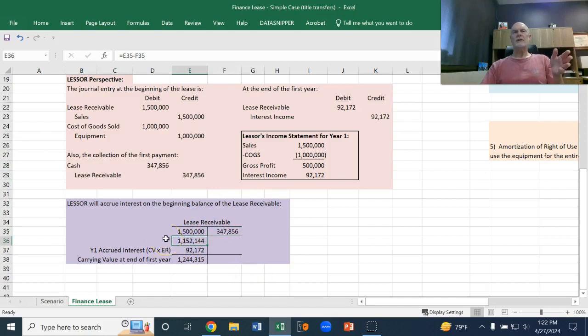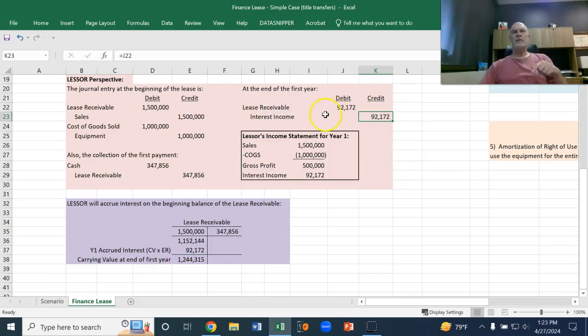So we have a beginning balance in the receivable at the beginning of year 1 of $1,152,144. At the end of the first year, they will accrue 8% interest on that, which is $92,172. And so they will grow the receivable by that amount and count that as interest income.